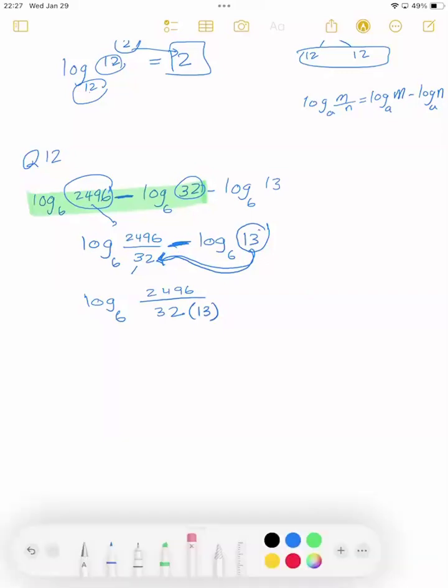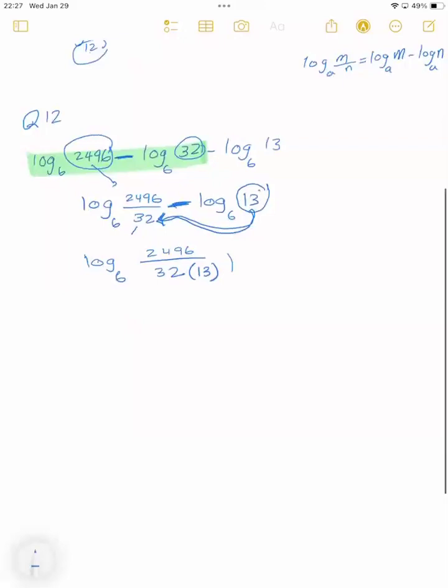So now the question is, can I simplify this and see what I get? Is 2,496 divisible by 32? I'm going to use my calculator and see if I can divide them evenly first. So I have 2,496 divided by 32.